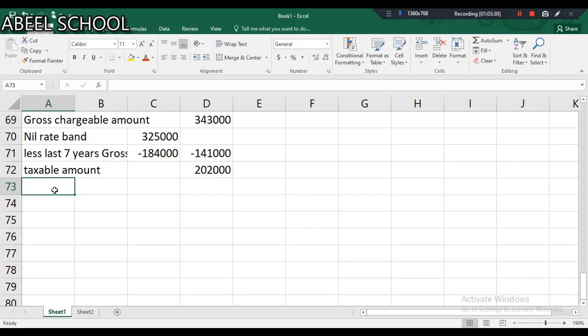IST is 40%. IST payable is at the rate of 40%.